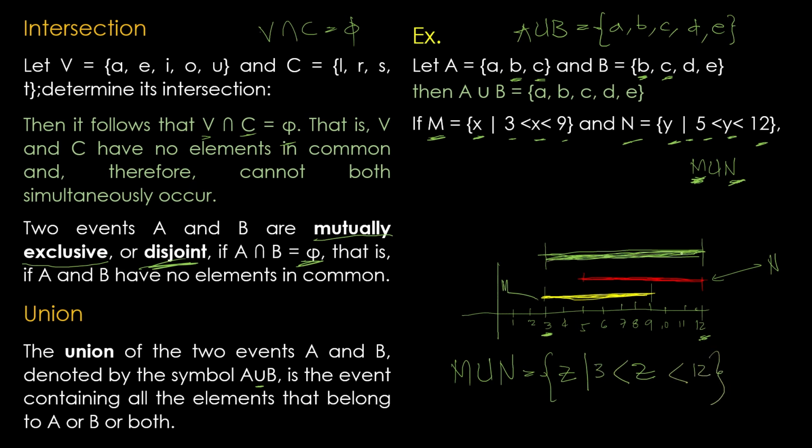Meaning, this is everything they cover. Kumbaga, imagine if you two were to wed: whatever properties you each own, they become the properties of both of you. So if you add those two up, the union between M and N is this range, from 3 to 12. Gets?